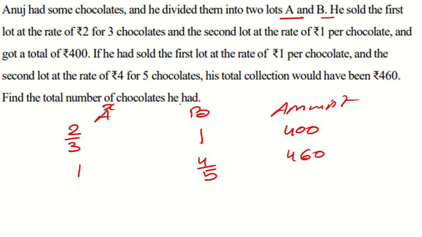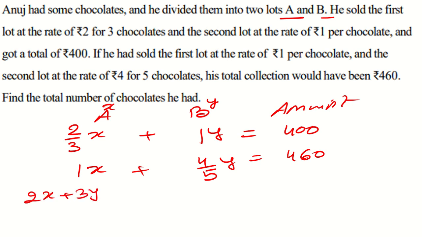Okay, so let x and y be the number of chocolates in the two lots. So x plus y equals 400 in one case and 460 in the other. So the equations will be, I'm just taking the LCM to save your time, 2x plus 3y is equal to 1200, and 5x plus 4y is equal to 23 times 20, which is 460 times... 5 times... Now you will have to multiply both equations by some number to make the coefficients the same.